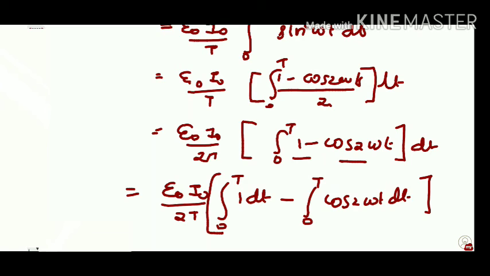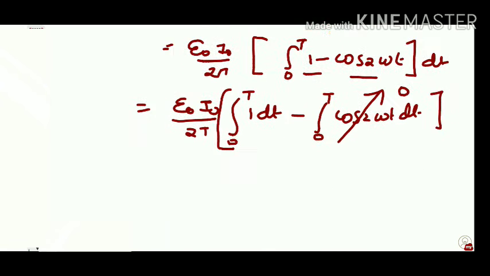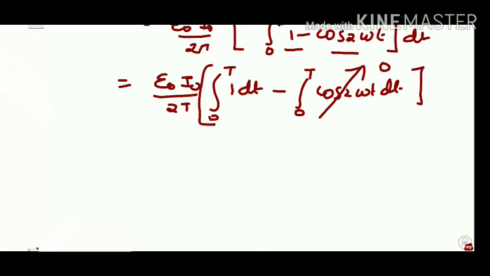Now I just told you that for one entire time period, the integration value of cos or sine functions is 0. I have explained earlier why that is.